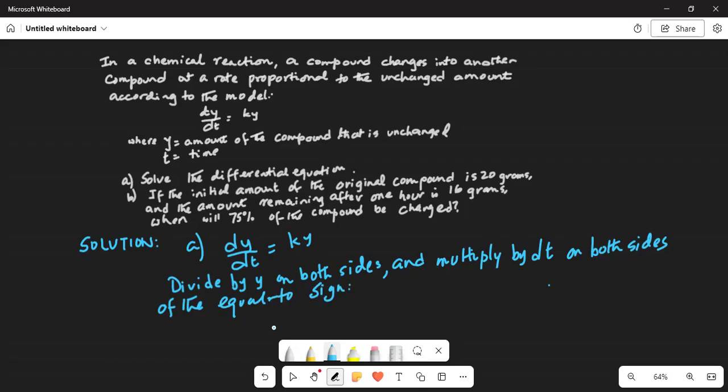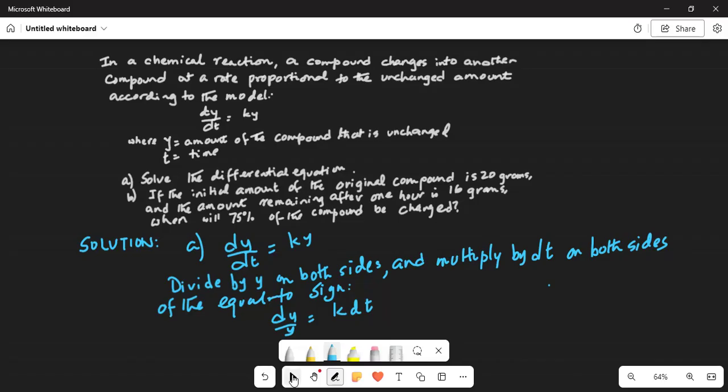Okay, so we will get dy by y is equal to k dt, because we have multiplied by dt on both sides of the equal to sign and divided by y on both sides of the equation.